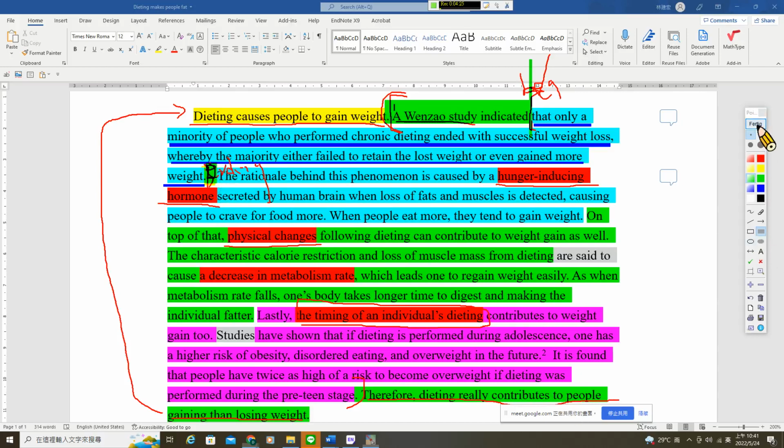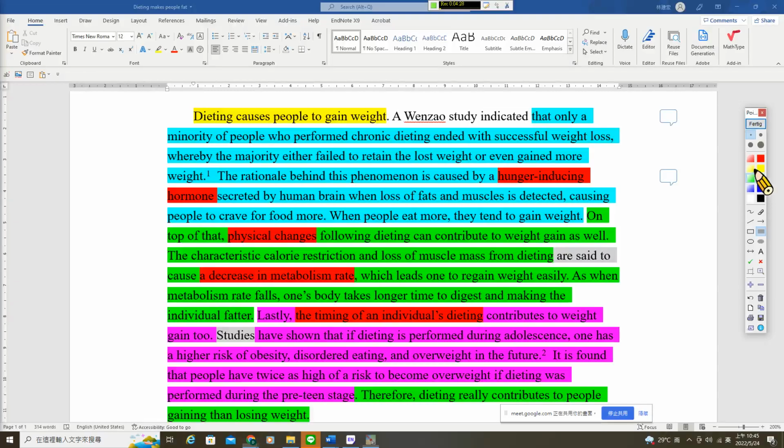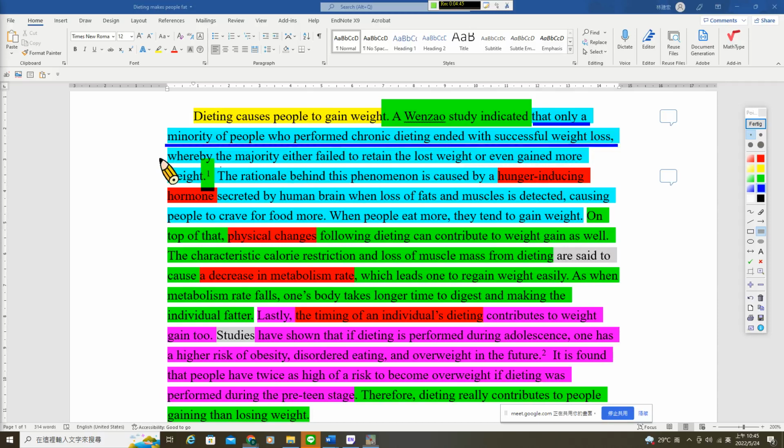So basically, how can we mark the boundary? We need to provide a beginning. This is the beginning. And this is the ending. So everything between the beginning and the ending are the quotes.